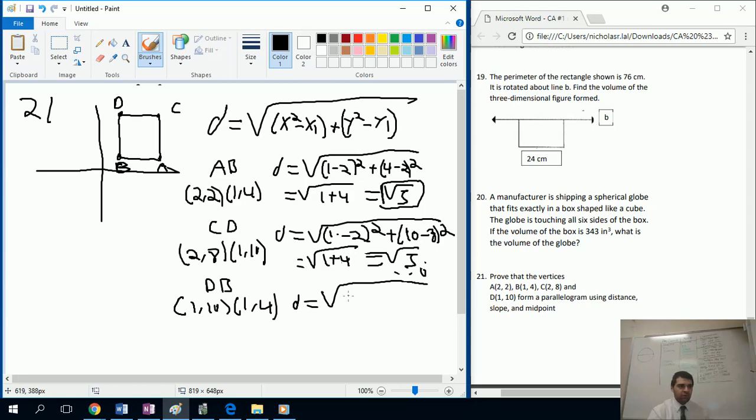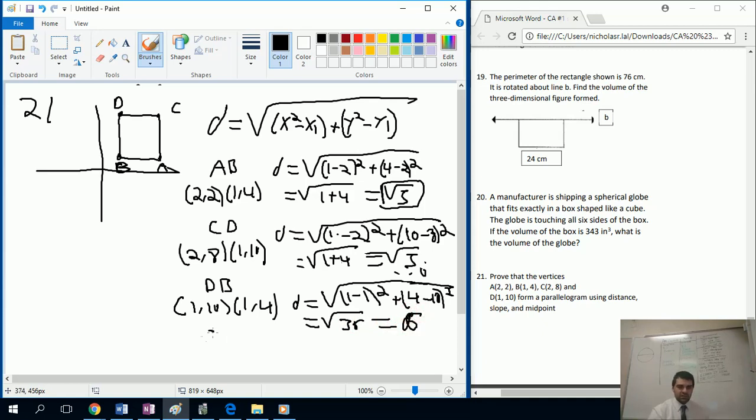Now DB is going to be (1, 10) and (1, 4). It's going to be the square root of (1 minus 1) squared plus (4 minus 10) squared. That's going to be the square root of 0 plus 6 squared. So that's going to be equal to the square root of 36. So our distance is going to be equal to 6.